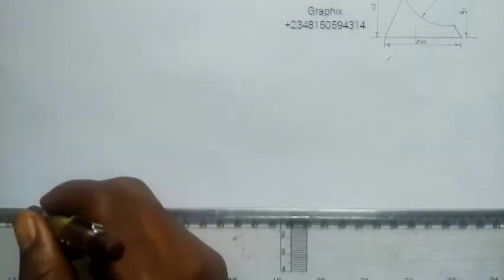So what I will do is I will first of all draw my circle. I will draw a horizontal line and a vertical line.